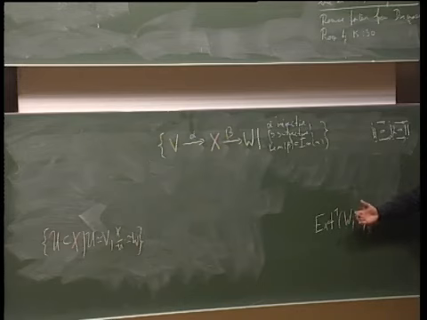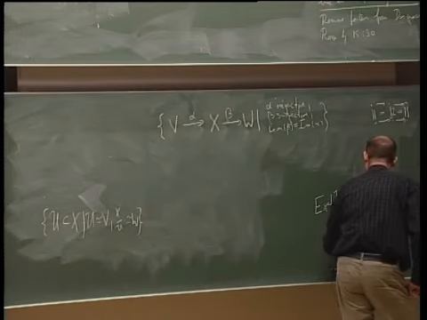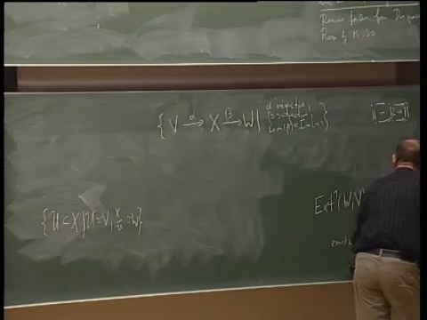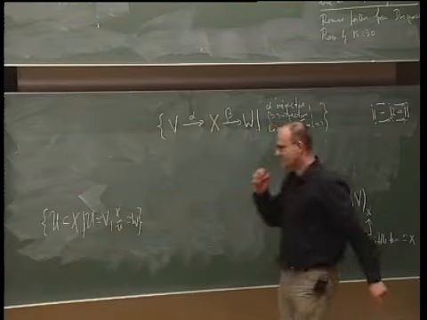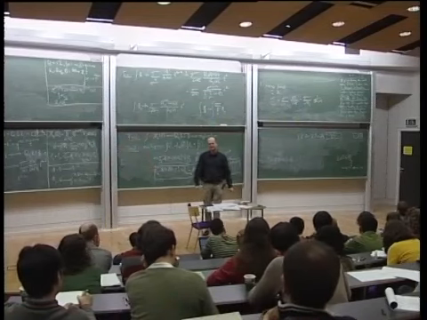It might be a split exact sequence, and the middle term is just the direct sum. Yeah? So exact sequences with middle term isomorphic to X. So these are three finite sets, because we're still working over a finite field.